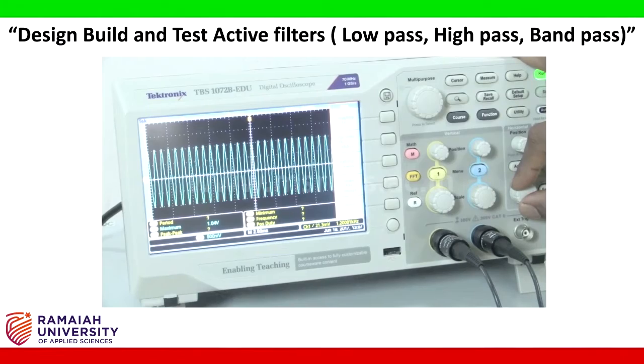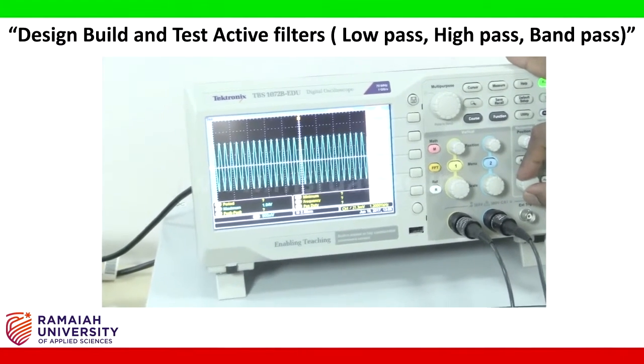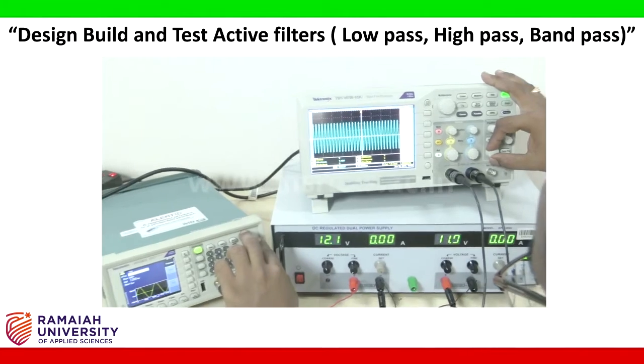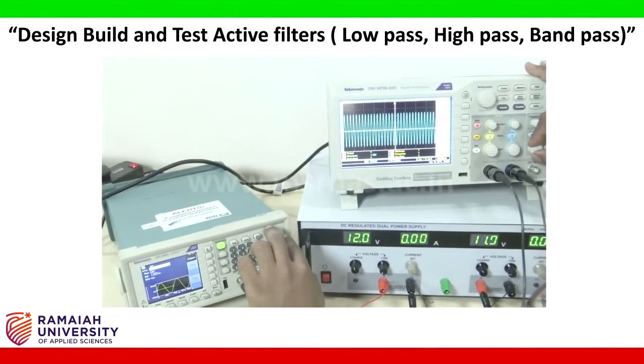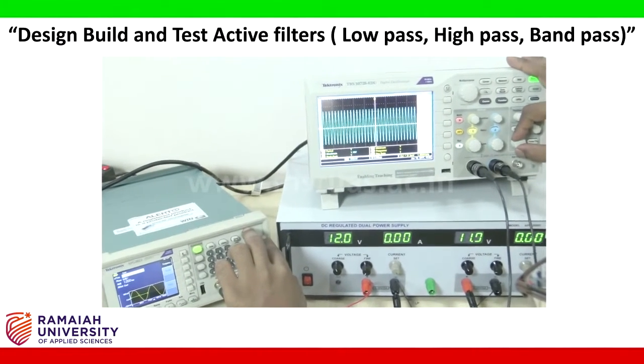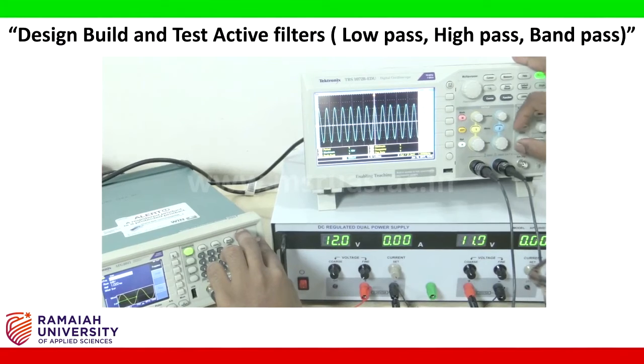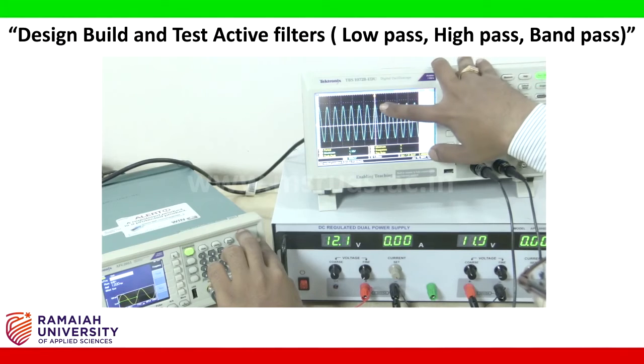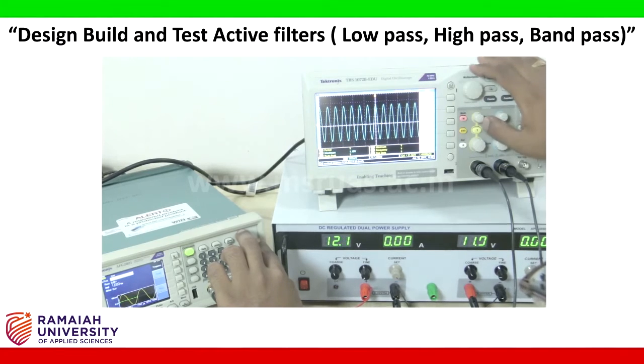So I'm going to adjust the scale like this. 4 volt peak to peak. I further incremented to 1.3, 4.1 volt peak to peak. 1.4, it will give 4.2 volt peak to peak.